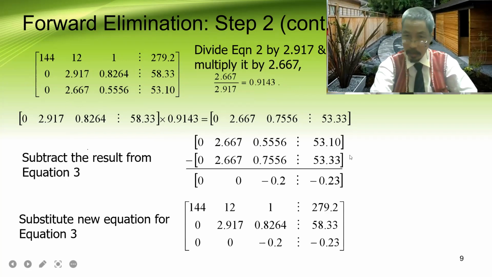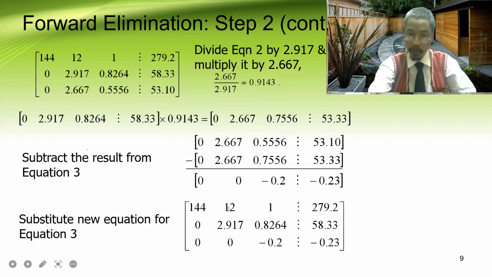This is our equation 3. Subtract our manipulated equation 2, and then we'll get 0, 0, negative 0.2, negative 0.23. Therefore, this is our updated equation 3. Replace our previous equation 3 by that updated one.